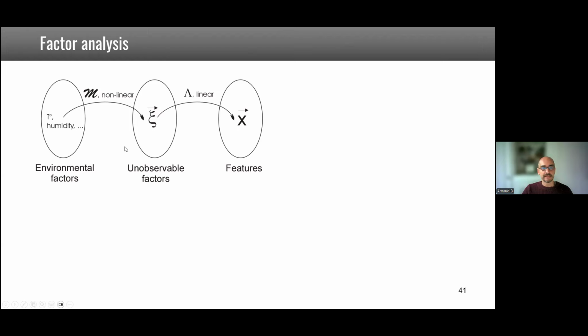But then I say that there is a nonlinear transformation that brings these factors to so-called unobservable factors. And then I assume that there is a linear relationship between these unobservable factors and the features. So basically, I've done a nonlinear transformation so that I can assume a linear relationship between my factors and my features.